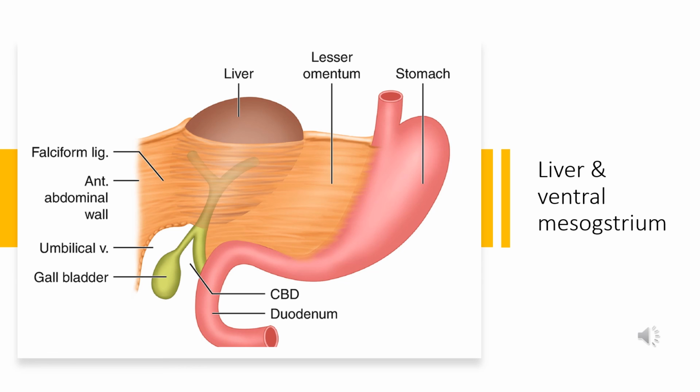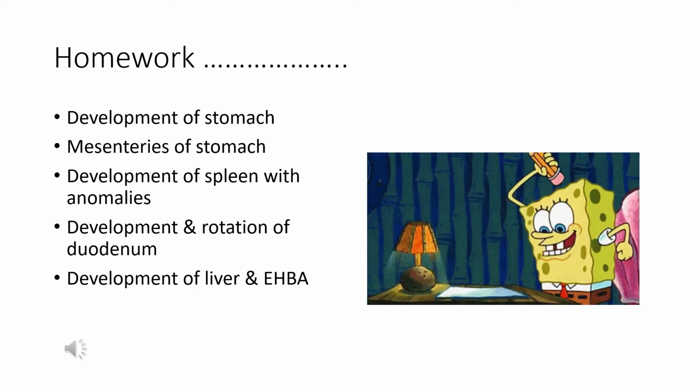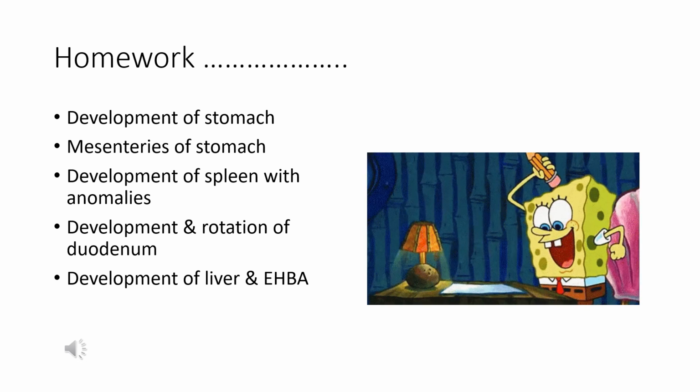When the liver grows into the septum transversum, this ventral mesogastrium is divided into two parts. As you can see here, the part extending from the stomach to the liver is called the lesser omentum, whereas the part extending between the liver and the anterior abdominal wall is called the falciform ligament of the liver.